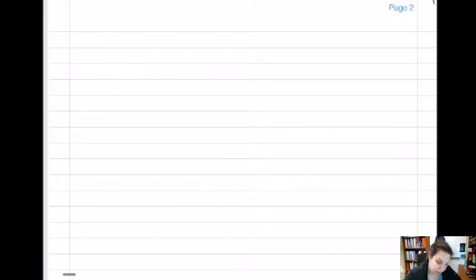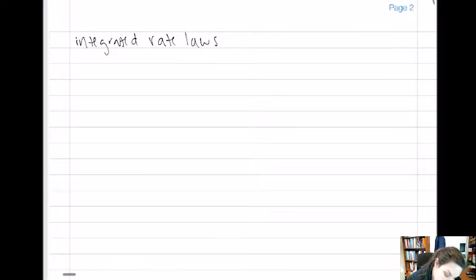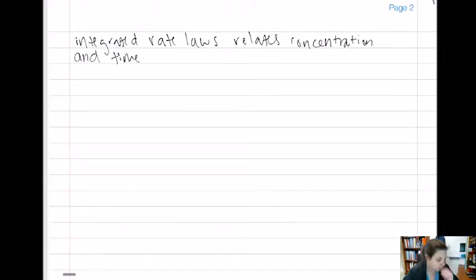So our integrated rate laws relate concentration and time. How about temperature and our rate?